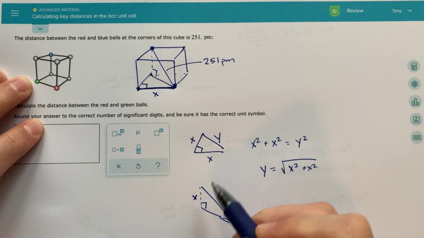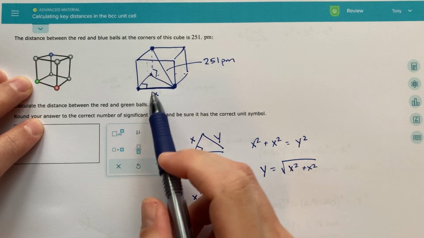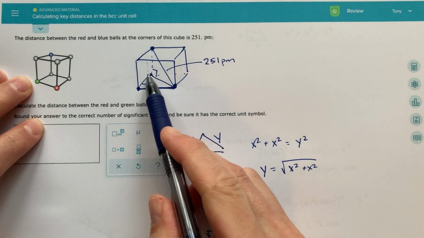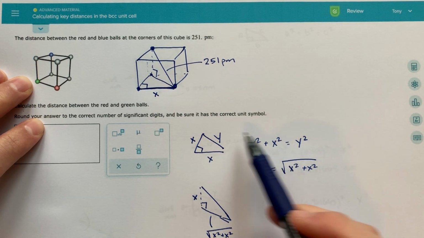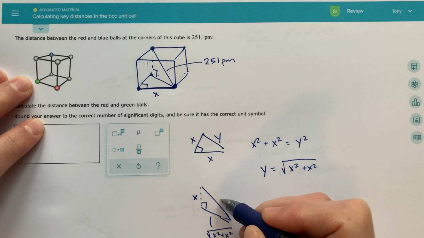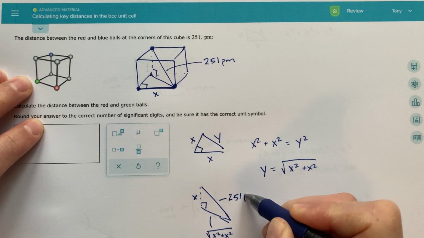This distance here is going to be x. That is the edge length, right? So we know that that's the edge length. This distance here is the square root of x squared plus x squared. So that is our distance y. And we figured that out earlier over here because we know that there's this other right triangle. And then this distance is 251 picometers.